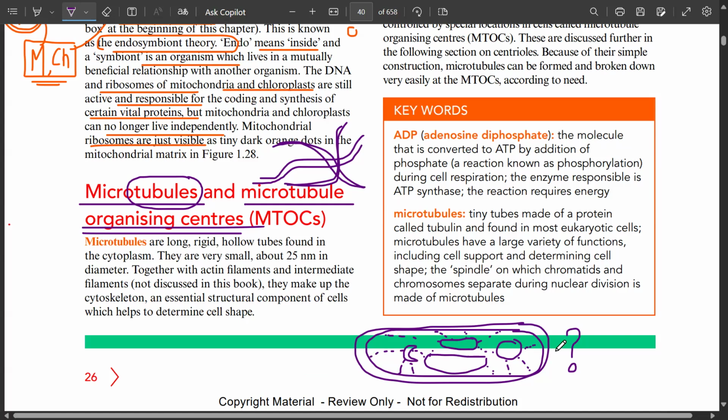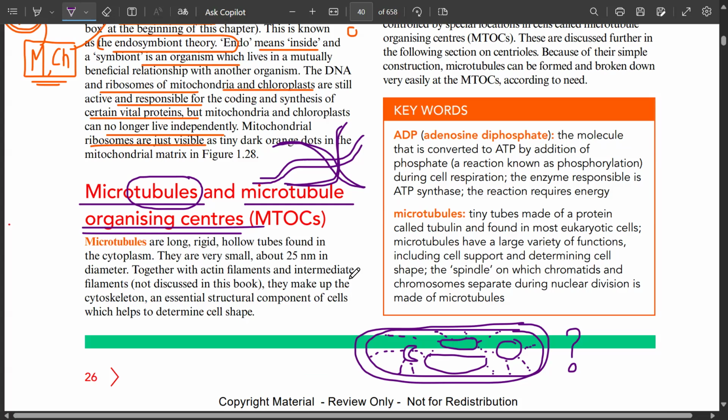Same is the case with cells. Cells also have a skeleton. We call it the exoskeleton or the cytoskeleton. For example, we have a skeleton and inside we have all the organs connected and those organs can't move. I can't say that my heart is now in my stomach's place. That's not possible because we have a skeleton that is holding it in place.